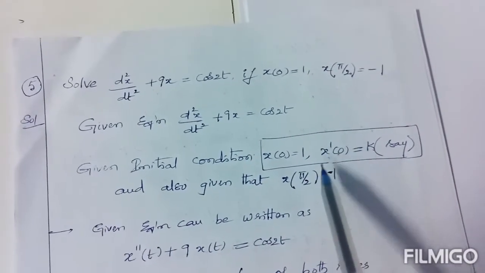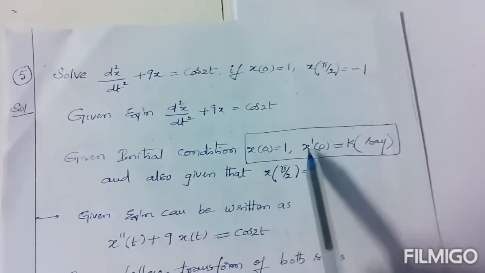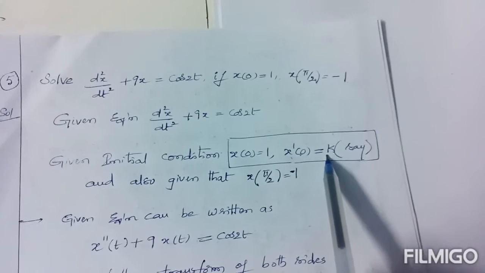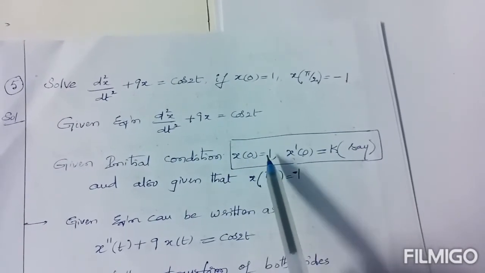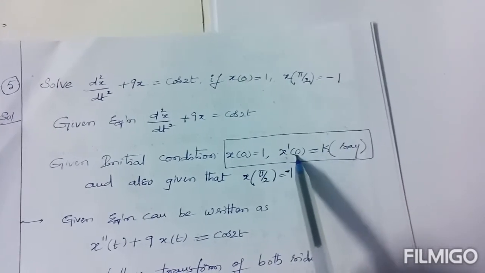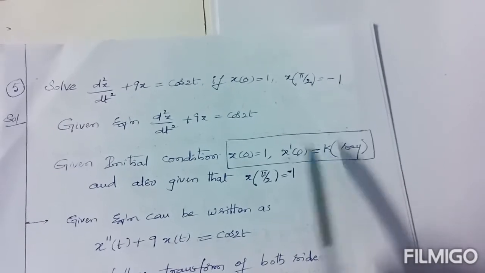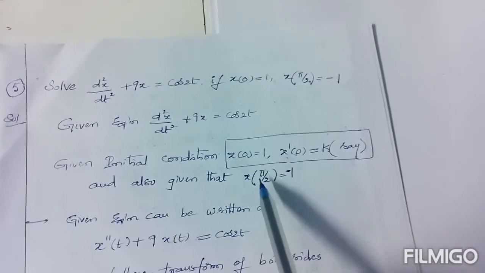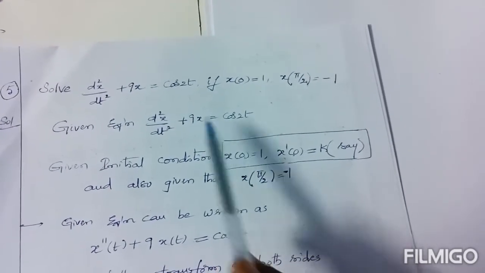Now another initial condition is also needed to solve this equation, so x dash of 0 can be taken as some constant k. x of 0 is already defined, x dash of 0 is not defined, so we consider x dash of 0 equal to k. Also one more condition is given: x at pi by 2 equal to minus 1. This is the data.